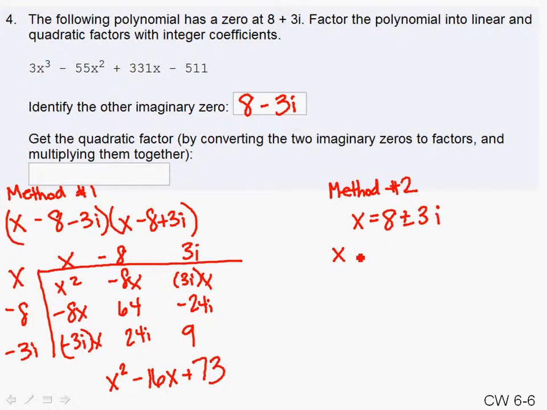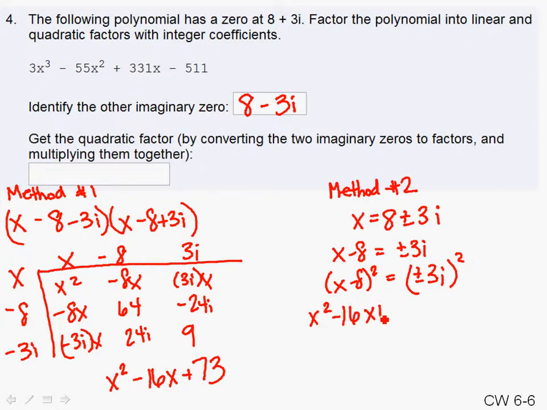Okay, so that means that x minus 8 equals plus or minus 3i. That means that x minus 8 squared would be the square of 3i, squared, okay, if we square both sides. So x squared minus 16x plus 64, if we actually FOIL this, equals 3i squared, which is negative 9.